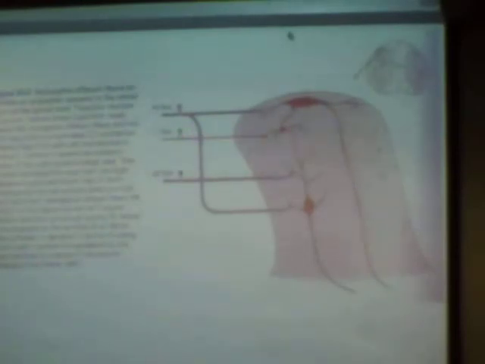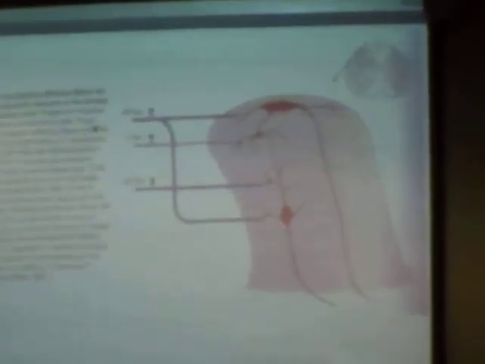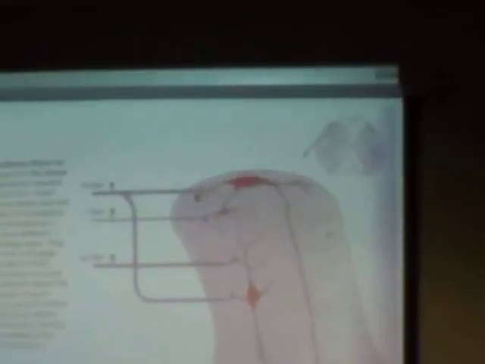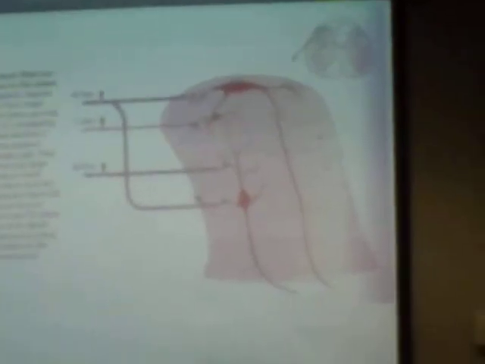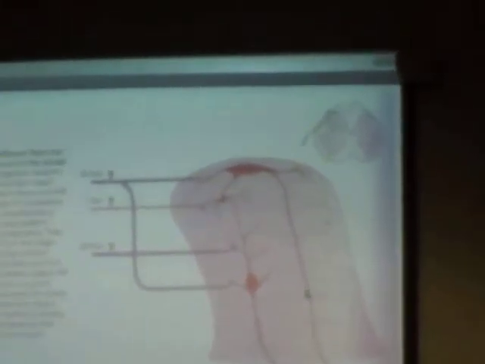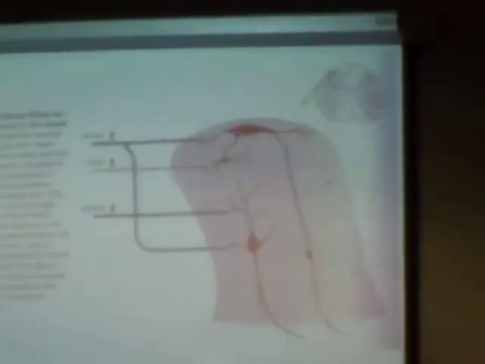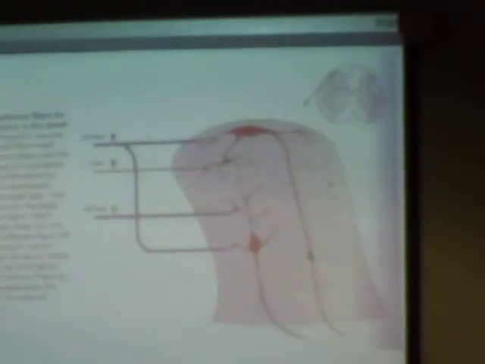Okay, let's look at those A delta fibers shown here. The A delta fiber comes in and synapses in lamina 1 and lamina 5. The collaterals split out, so those A delta type 3 fibers synapse in lamina 1 and in lamina 5 of those layers of the grey matter.